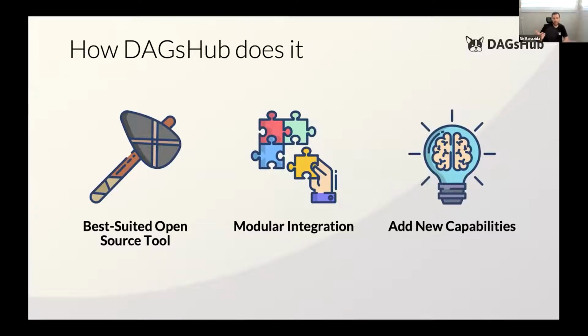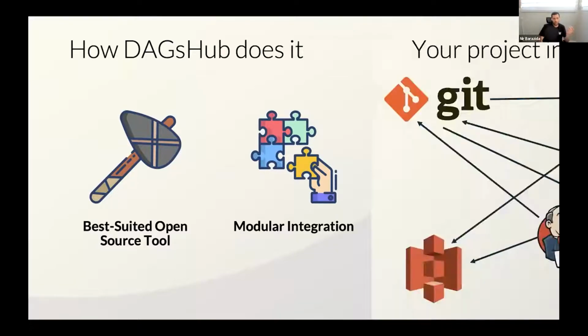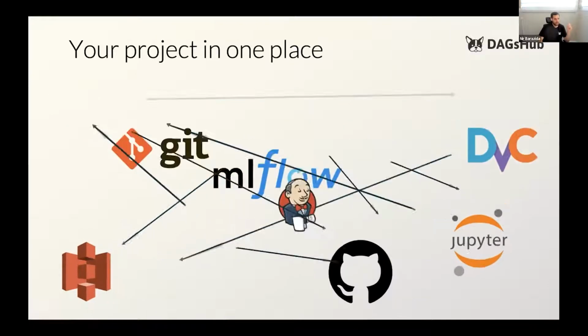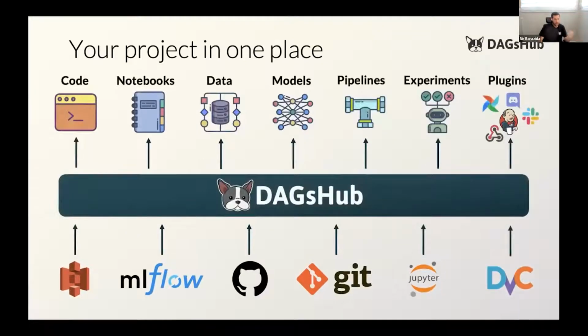And in most cases, all you're going to need to do is copy a few lines of commands to your terminal, and you're set to go. And by doing that, we're putting those tools under one roof and adding the Git workflow on top of them. We're turning this workflow that looks very disorganized into this workflow. And here you see that you have a single source of truth for all of your project components, and it's in the same place.